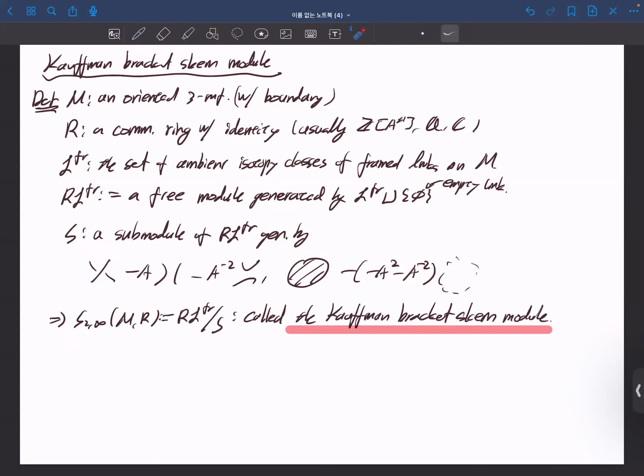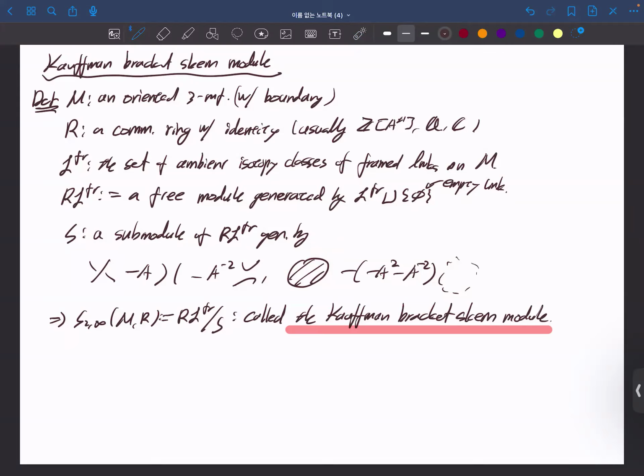Here one comment is, as you see, we consider a quotient module, quotiented by S generated by this, which means this one is equal to this one plus this one, and this one is equal to a coefficient times this one. But why did I check like this? In a three-manifold, it is not clear what the trivial knot is.